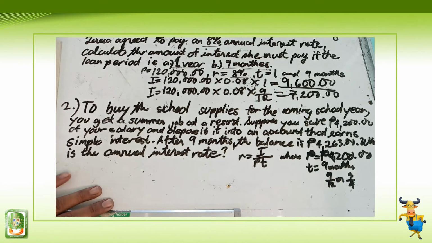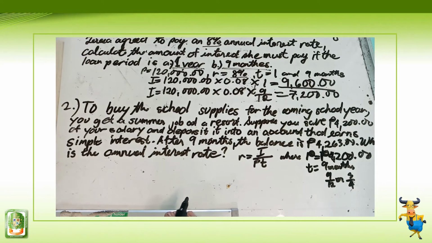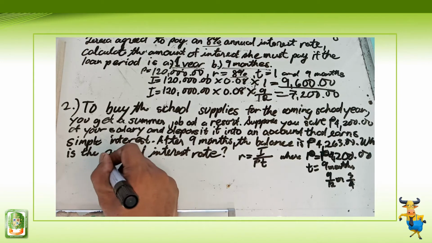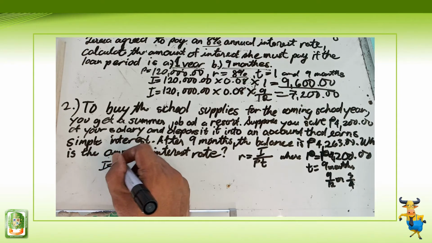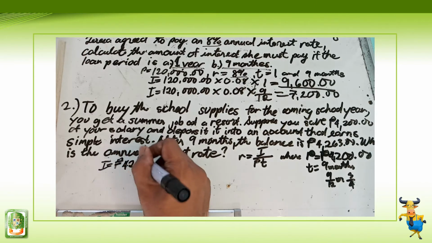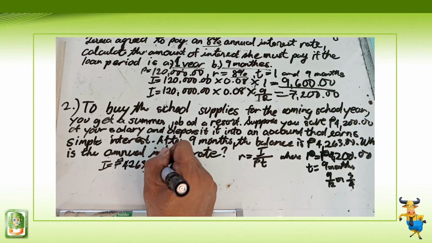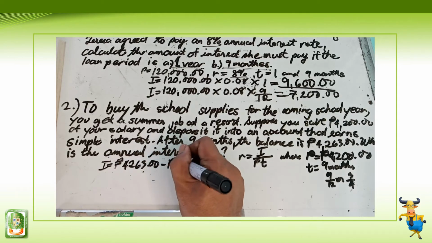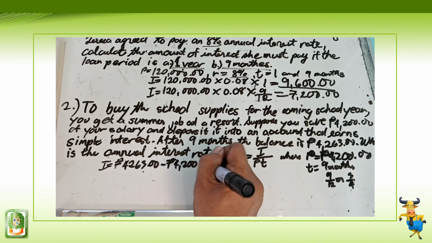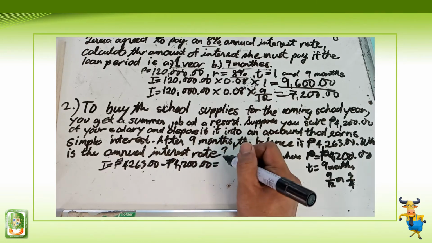Okay. Tingnan natin kung ilan ang magiging rate mo dito. So, the interest natin nung after ng 9 months ay 4,263 pesos. Minus natin doon sa original na 4,200 pesos. So, ilan?